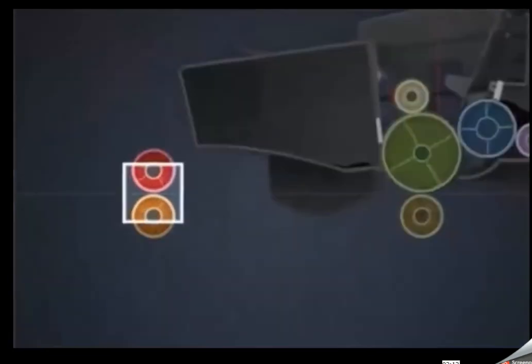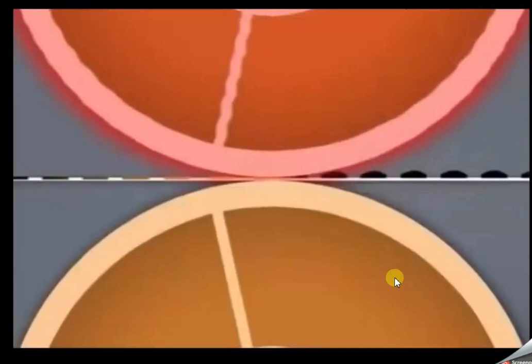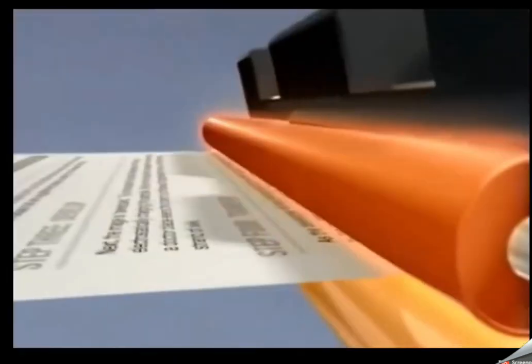A fuser roller is a heated roller and a pressure roller. The heated roller is at the top, the pressure roller at the bottom. They squeeze together, and the paper passes through them, making the toner particles permanently bond into the fibers of the paper. So it burns the toner into the fiber of the paper, meaning it's there forever. And that's really important.